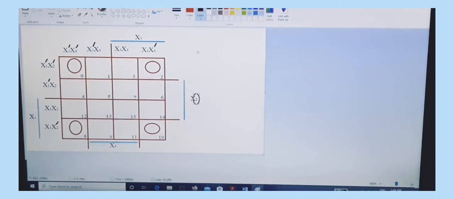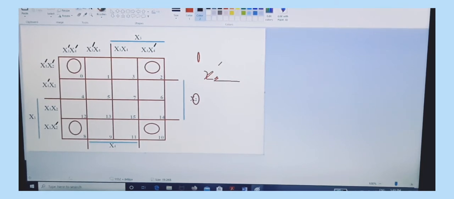Therefore, the answer for this is simply x2 dash into x4 dash. Okay.